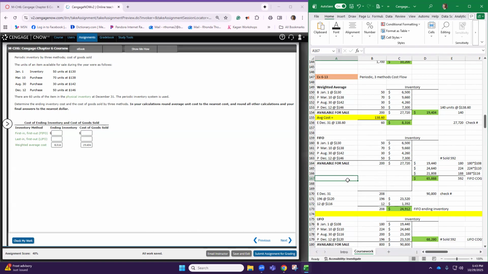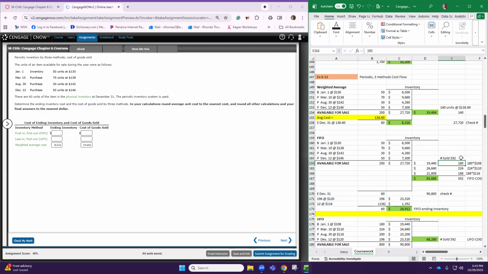Now, we're not looking for a weighted average. Okay, we are not. Okay, so now let's see what we have here, and we have to be careful. So this is first costs in, first costs out. So whatever we sell, these $130 costs are going to go out. So I've got to, it says that we have 60 units available on December 31st. Now I've got to change some numbers here.